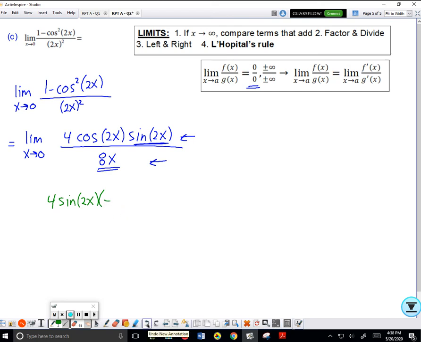Derivative of the cosine is going to be negative 2 sine of 2x, close parenthesis, plus the first function, 4 is just a multiplying constant, multiplied by the derivative of the second. The derivative of the sine is the cosine, so that's going to be 2 cosine of 2x, like that. So my new limit problem is, this limit's going to now equal this limit.